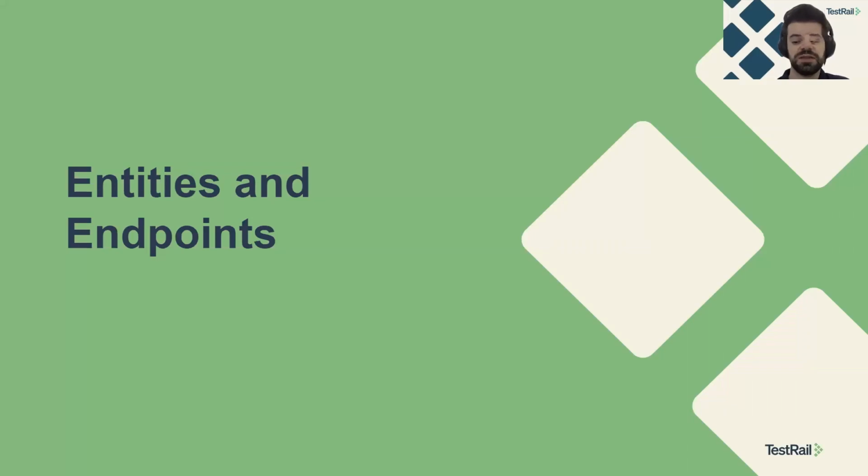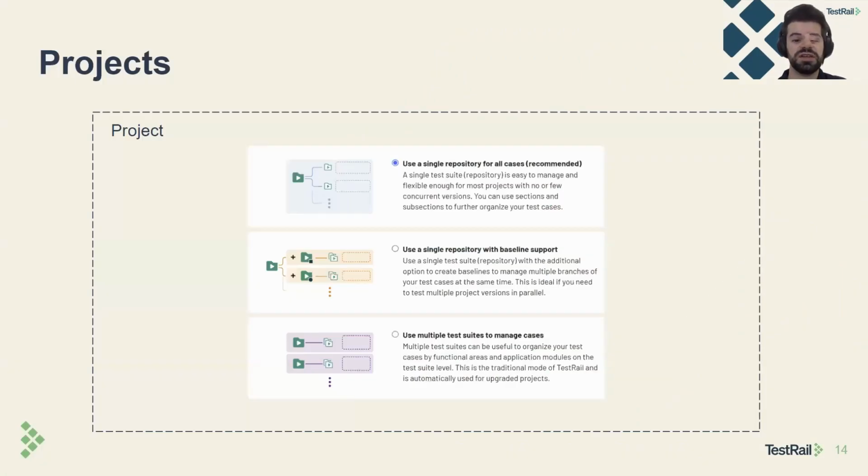About entities and endpoints in TestRail, an important thing before getting started with using the API, or even for whoever is using the UI, the interface of TestRail, to do any sort of action, you should understand how TestRail is structured, how our entities relate to each other. To start with, you have different kinds of projects.